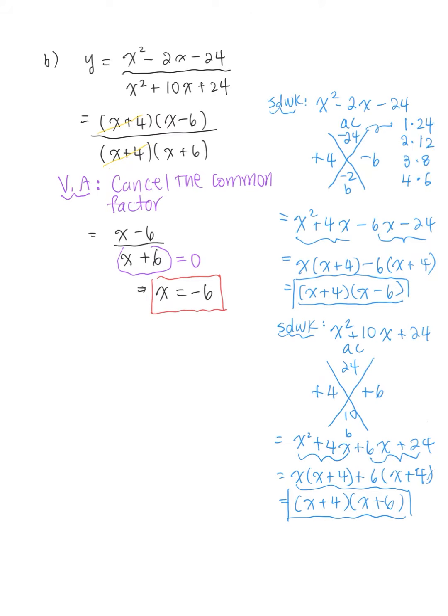Now, if you're asked to find the domain of y, then again, you do not cancel this. The domain restrictions are going to be x cannot be negative 4, and x cannot be negative 6. Every time you were able to cancel out the common factors, the zero of the common factor becomes this thing called a removable discontinuity.